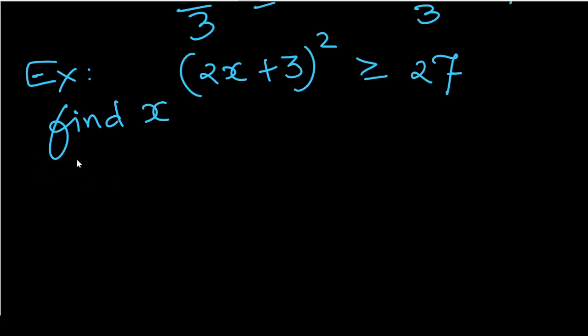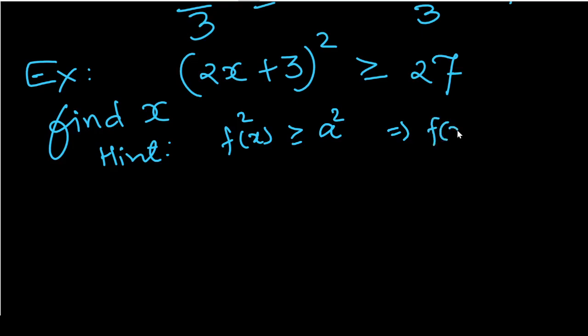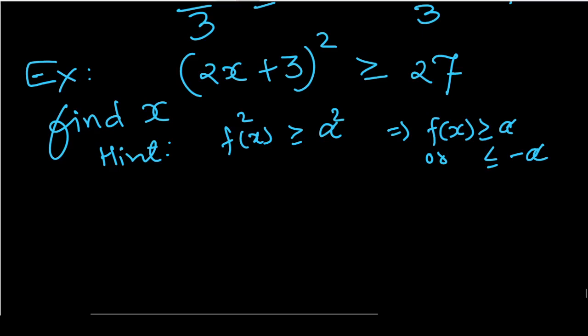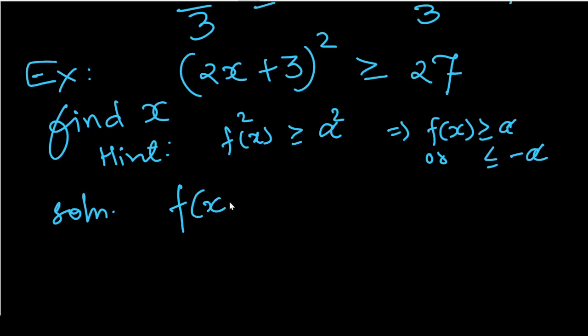The hint would be this only. You will get f(x) square greater than or equal to a square, which gives f(x) greater than or equal to a, or f(x) less than or equal to minus a, or alpha. Let's take alpha. So here f(x) is what, guys? The solution f(x) is 2x plus 3.